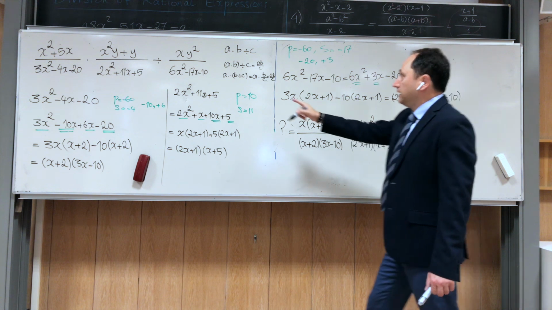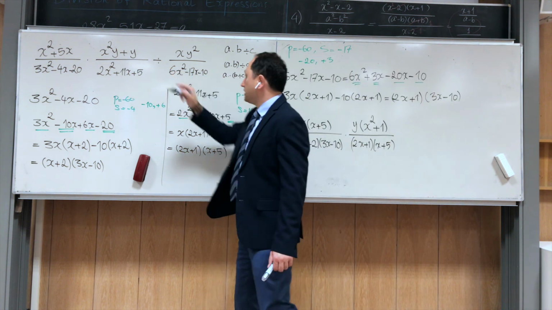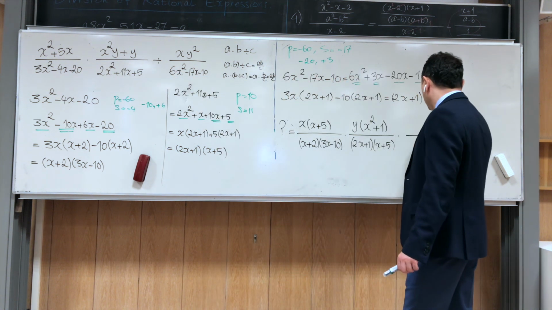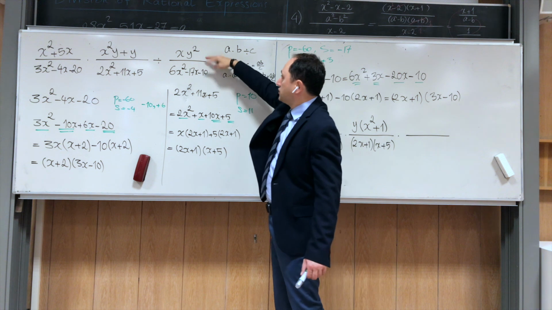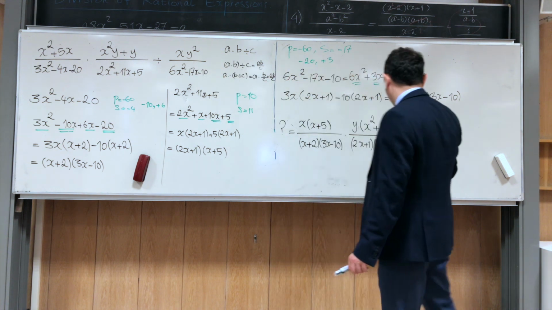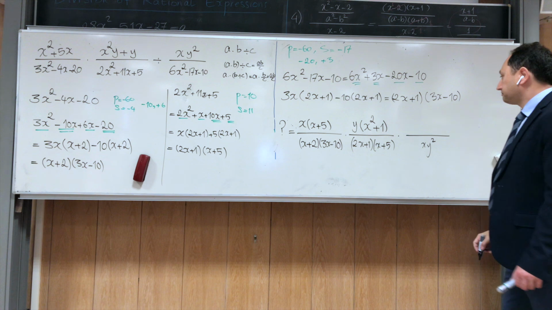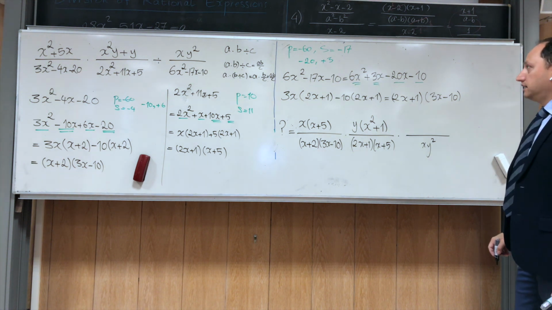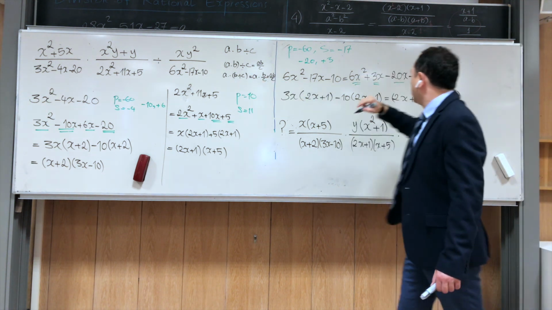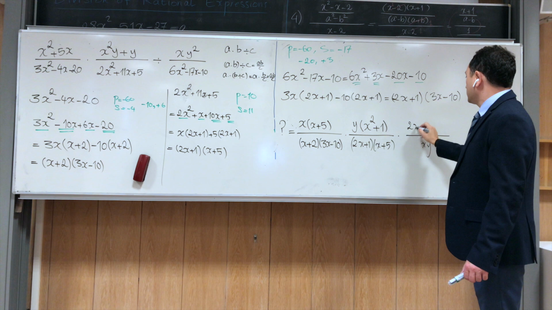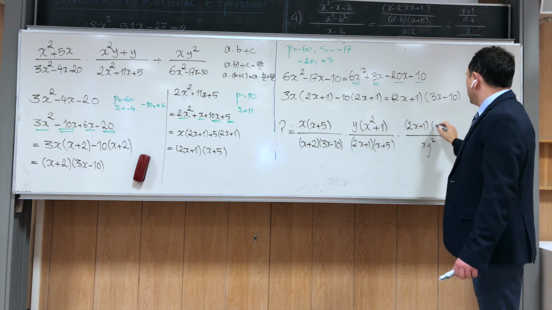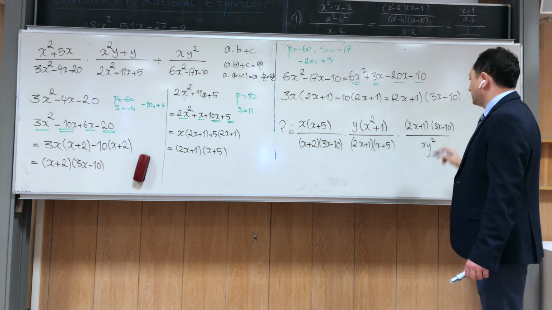And then I need to change this to product, but I need to remember to swap these two. xy squared is already in factorized form. It goes to the denominator. And then this one is this expression, so 2x plus 1 and 3x minus 10.